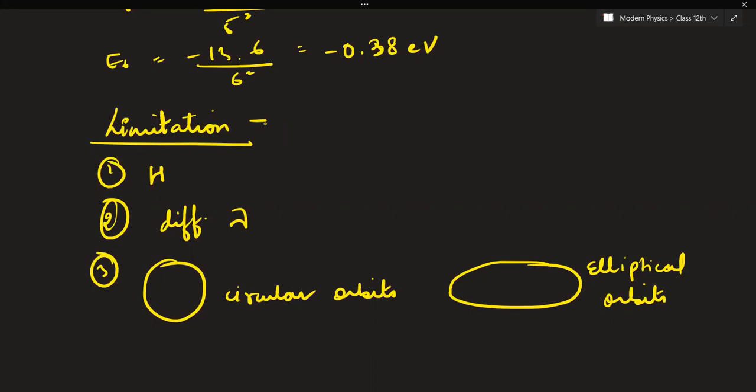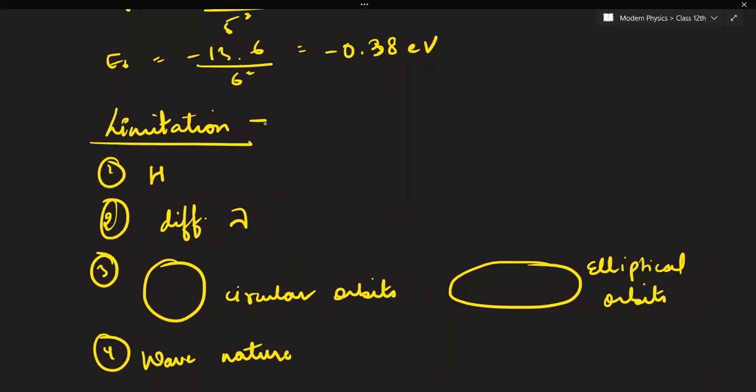Then one more thing. In the dual nature of matter, what did dual nature mean? Dual means two. One was particle nature, and the second one was wave nature. But in Bohr's theory, wave nature wasn't considered, though it started with that only.